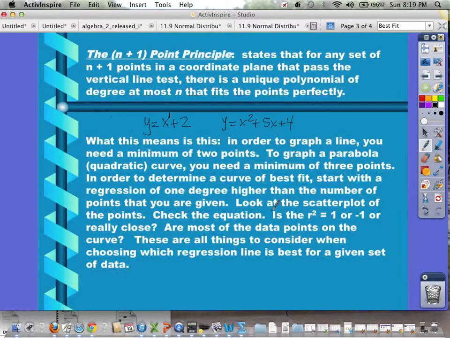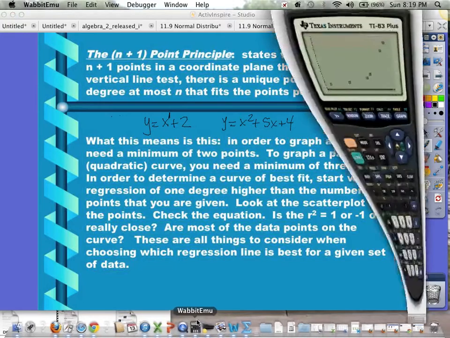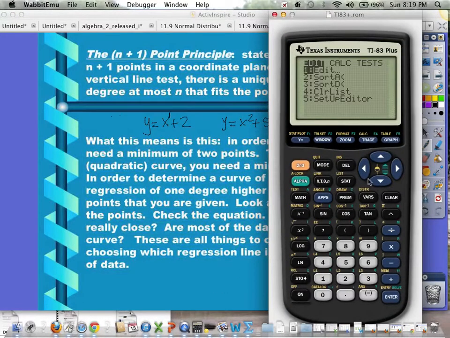Then check the equation. If you have your diagnostic on, you'll see that r squared. Let me bring it up. I'm going to do stat, calc, and pick something that's wrong and hit enter. You'll have an r squared value right here. You want r squared as close to 1 or negative 1 as possible.